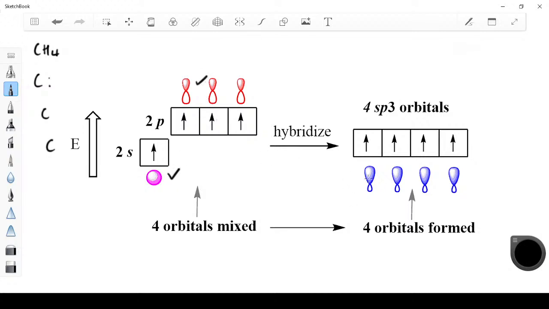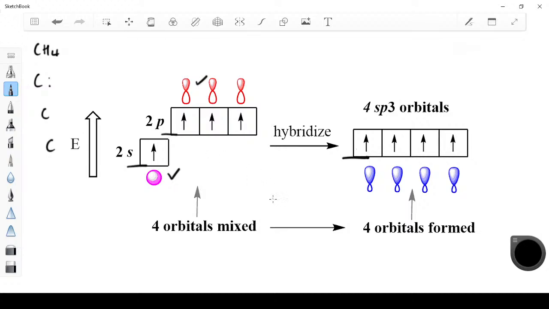You get what essentially is an irregular dumbbell where you have both directional behavior as well as relatively less energy. So this is the energy along the y-axis. So the s orbital is here, the p orbital is here, the hybrid orbitals are in between them. So this explains the bond dissociation fact.